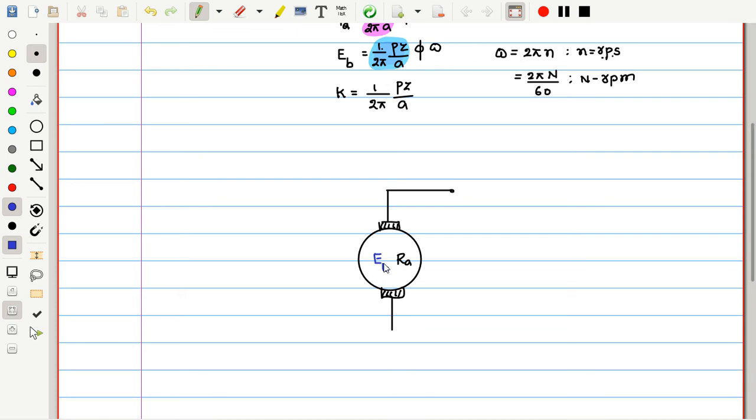Previously if it is a generator, we usually represent it as EG, generated EMF. And now this armature's terminals are usually connected across the power supply. What kind of power supply? DC power supply. Let us assume the power supply voltage is V and the current supplied by this is I. See, the current direction is reversed in comparison with the previous. Previously, it was supplied to the load for the generator.